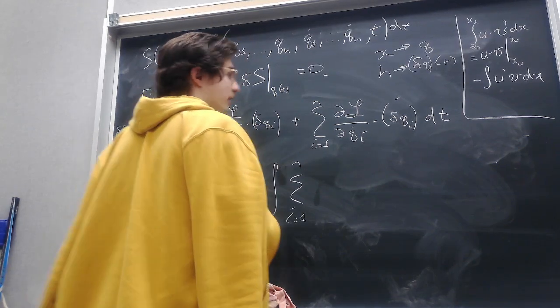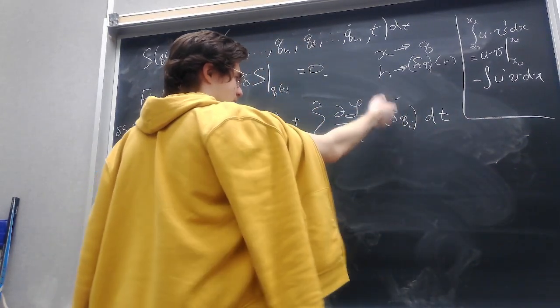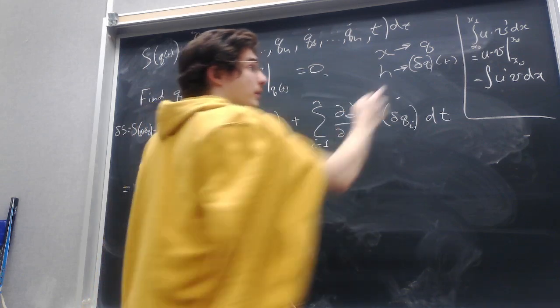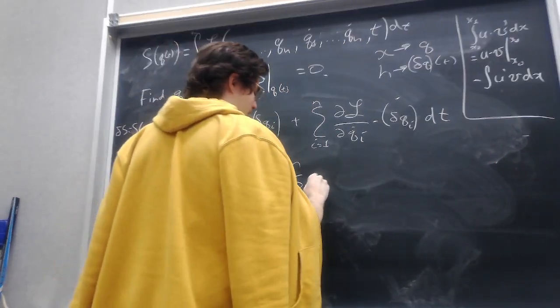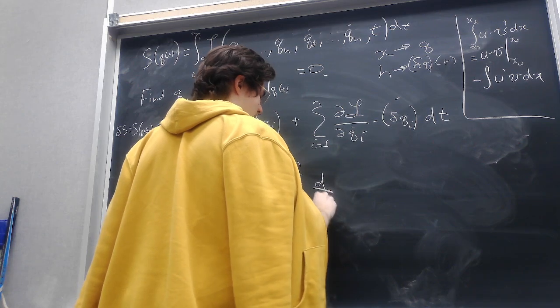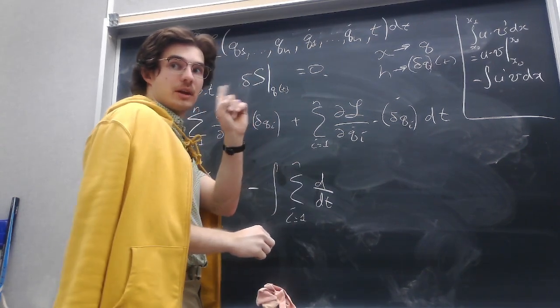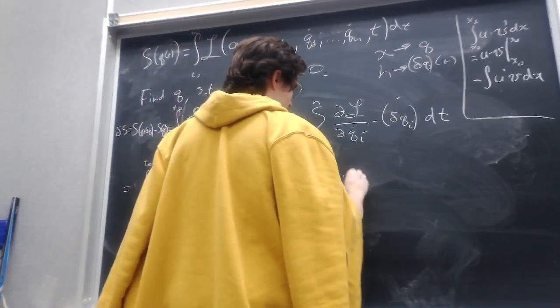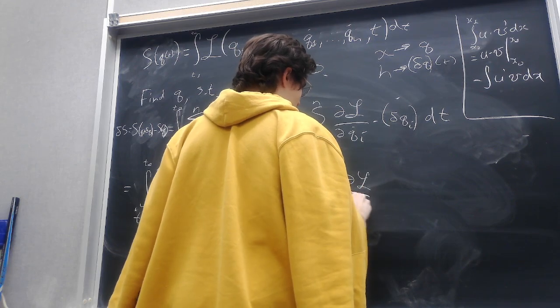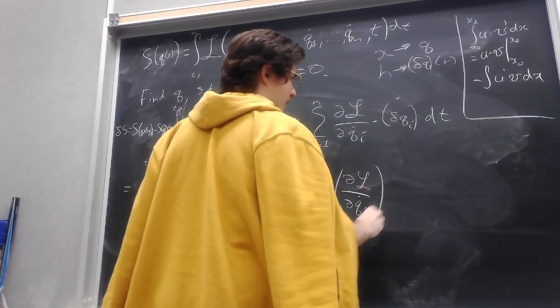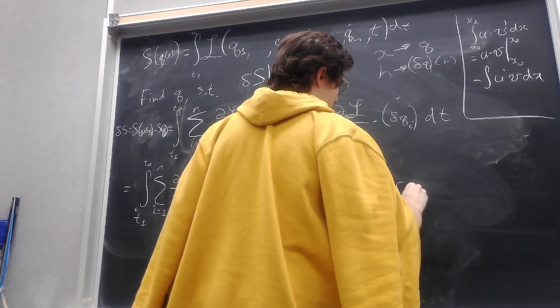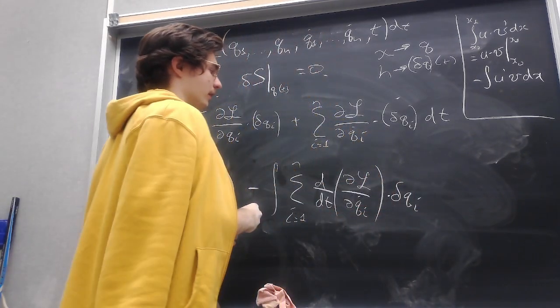So if I integrate this by parts, I'm going to write the second term and then this term and then this term. So I'm going to have d dt, a total derivative of time now, of partial L partial qi dot, times delta qi without the derivative, right?